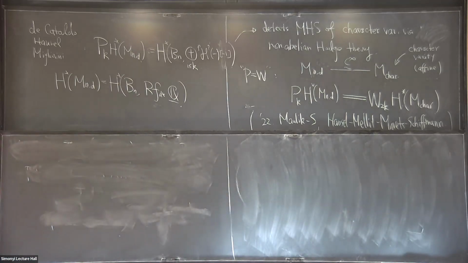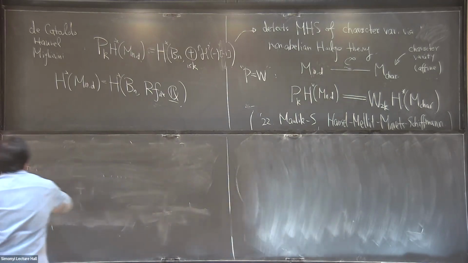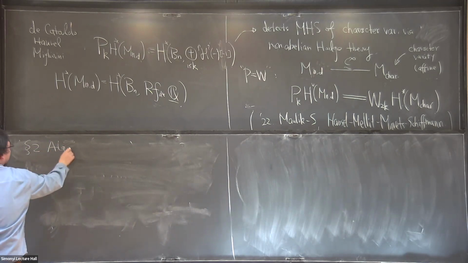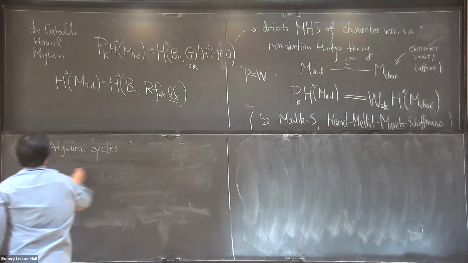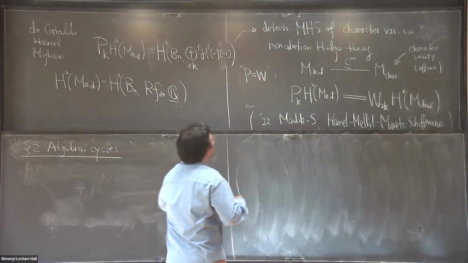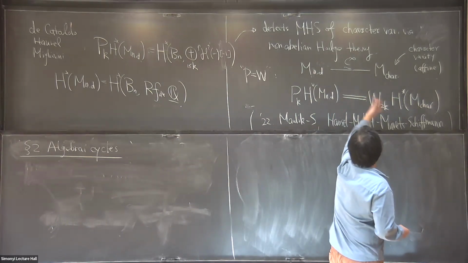Okay, now I have discussed the topological part, so let's move to the algebraic cycles to try to explain all these phenomena better. Of course, not everything can be understood via algebraic cycles, because first of all, non-abelian Hodge theory is highly transcendental.